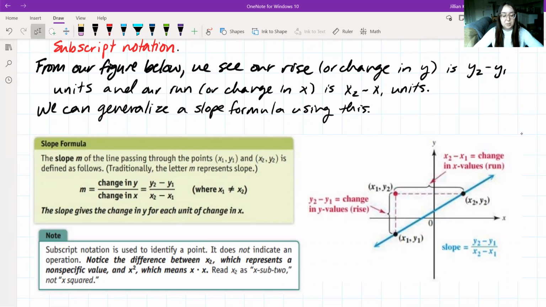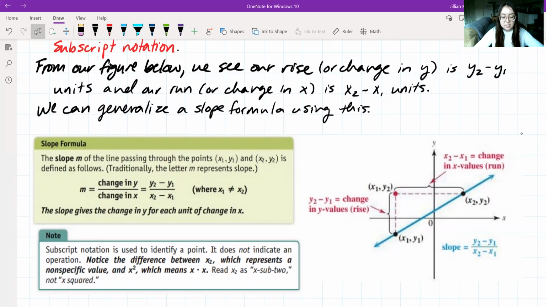So our slope, which is often referred to as M, not S, M. The slope M of a line passing through the points x sub 1, y sub 1, and x sub 2, y sub 2 is defined as follows. Traditionally, the letter M represents slope.